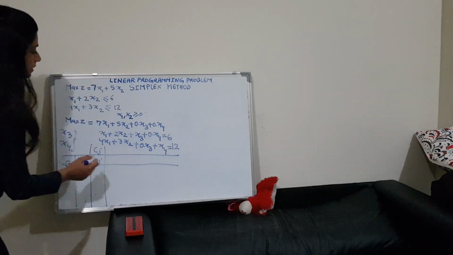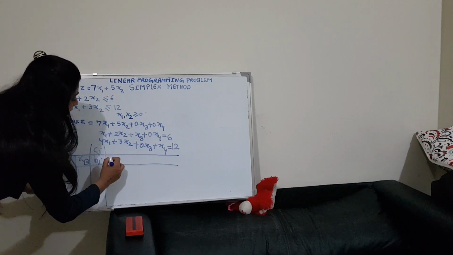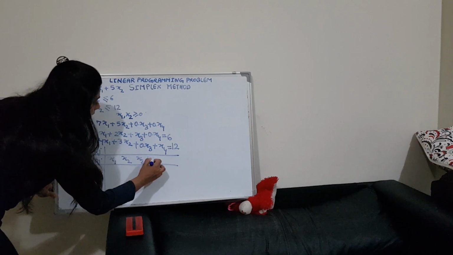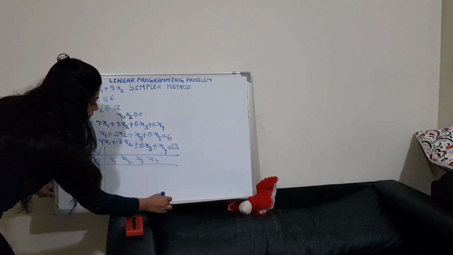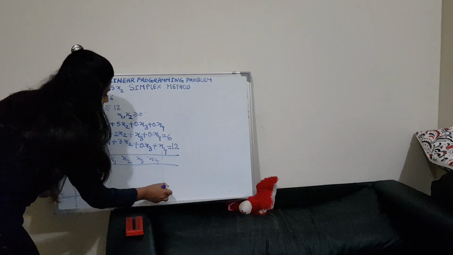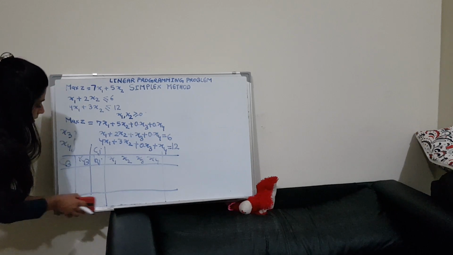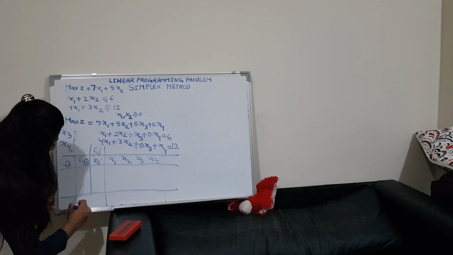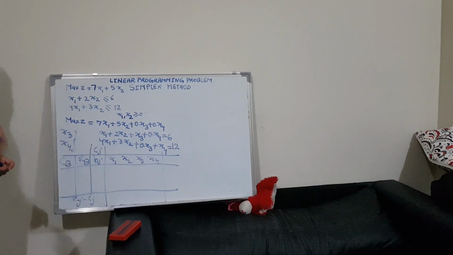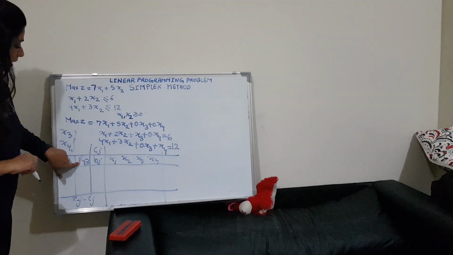Now here are four variables in the equations, so we will write x1, x2, x3 and x4. And last we will calculate here Zj minus Cj.